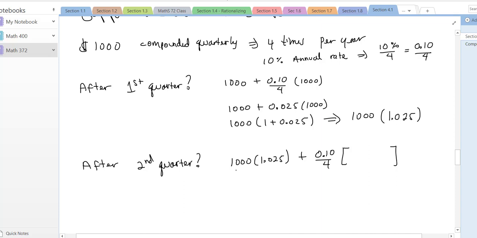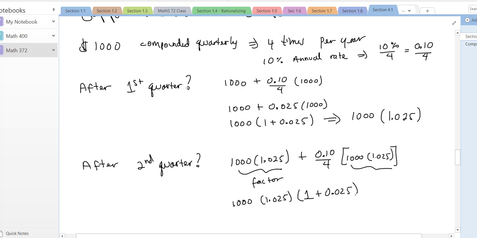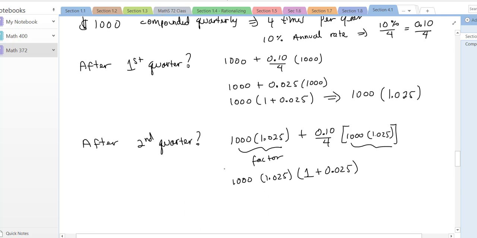The amount is this. This is my new amount. So 1,000 times 1.025. Notice this is common to both of these, so we can factor it out. So I have 1,000 times 1.025 times, I'm left with 1 plus 0.10 over 4, which is 0.025 again. So notice that after the second quarter, I'm left with 1,000 times 1.025 squared.